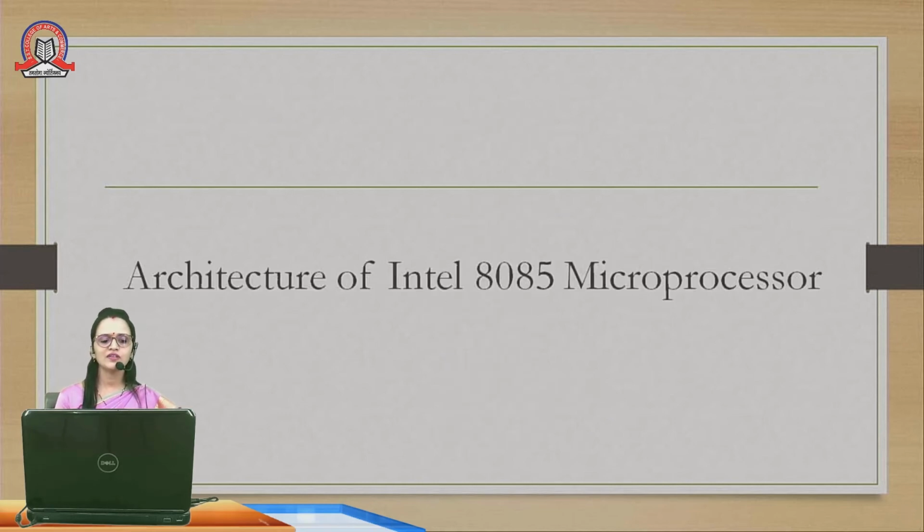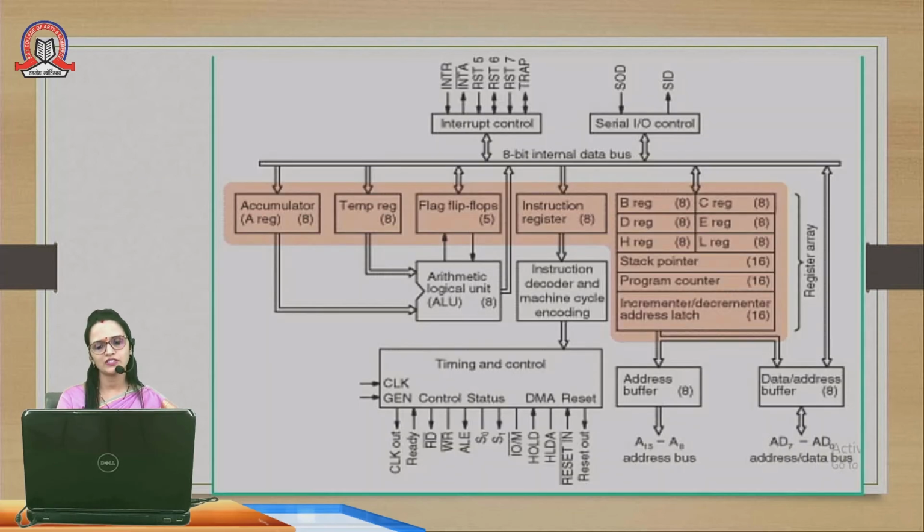Next we are seeing the architecture of the Intel 8085 microprocessor. Okay, this is a block diagram, and in the block diagram we see lots of names and boxes in the particular architecture. Let us start with the accumulator.